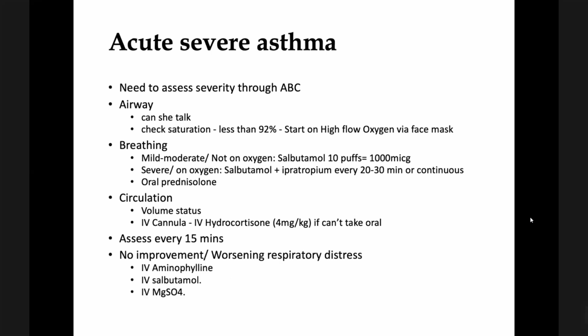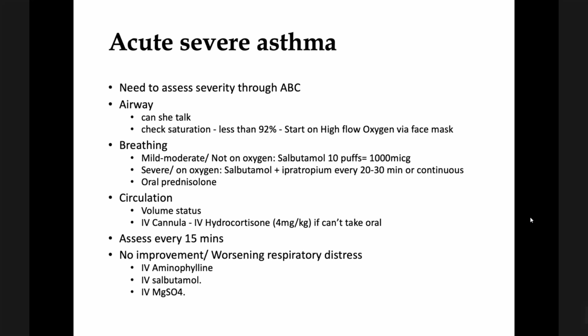If the first round, that is back-to-back nebulizations, does not work, we'll have to go for IV alternatives, right? Of course, if it works, then we can space out the nebulization, initially maybe hourly, then 2 hourly, like that. But if they don't respond to the initial back-to-back nebulization, then we'll have to give one of these IV agents.